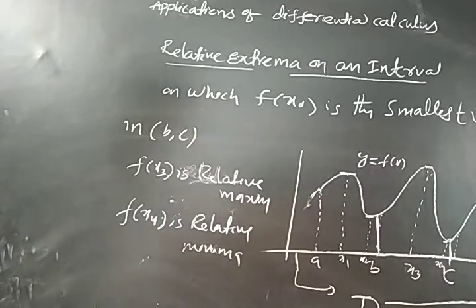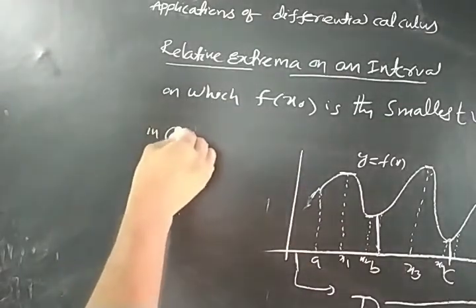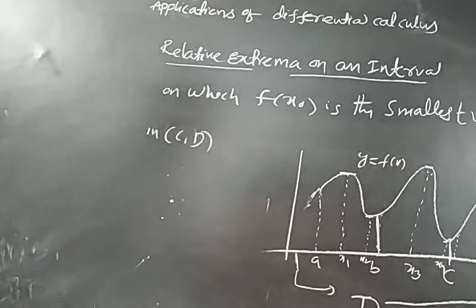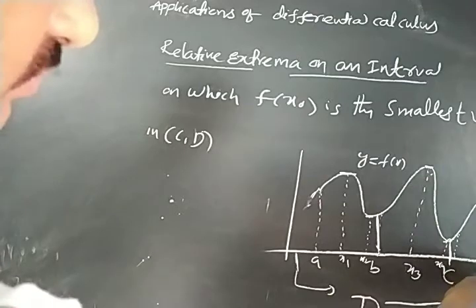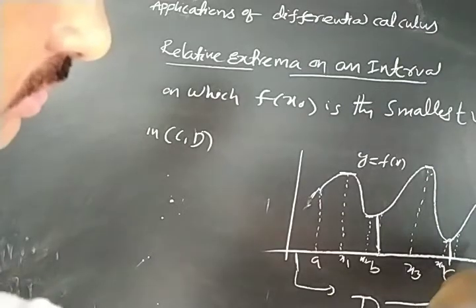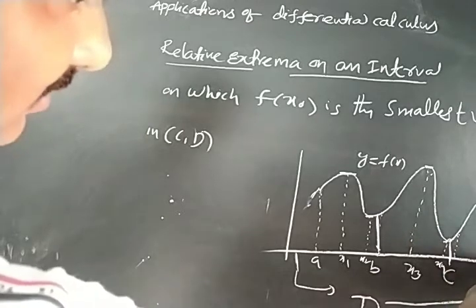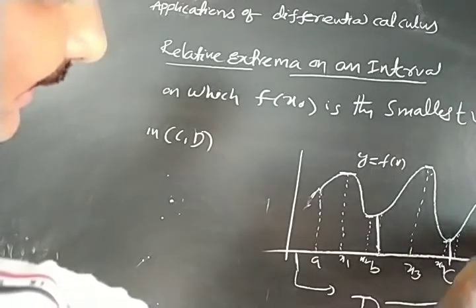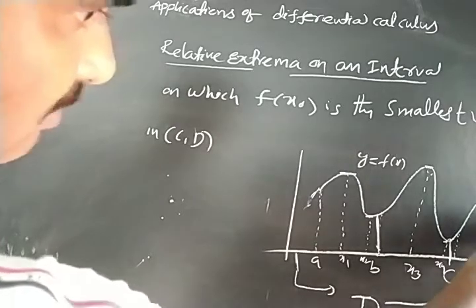Suppose I am taking C to D as open interval. In open interval C to D, we get the maximum value at some x5, and suppose taking this as D, nearly D, I am taking x6. Here I am getting the minimum value.